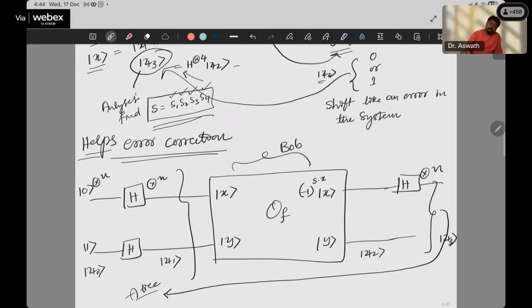Alice will analyze and find out what the oracle function is, what S is. S is found by analyzing psi 3.